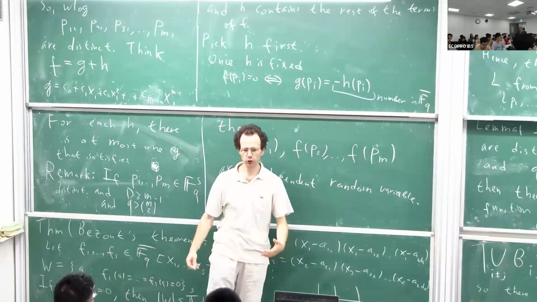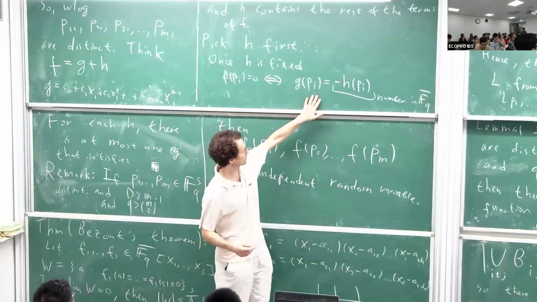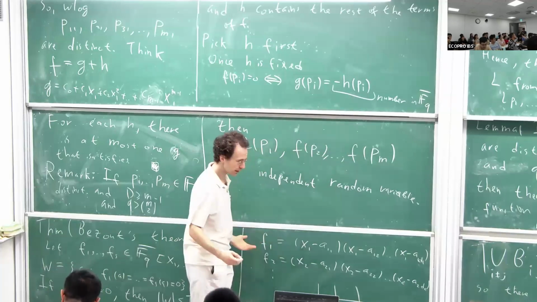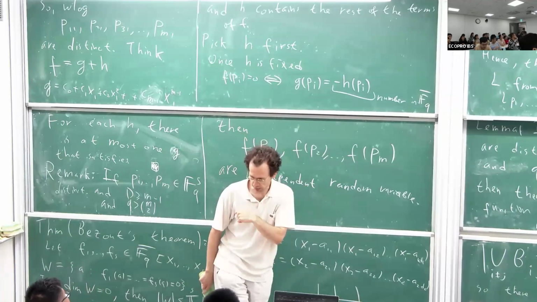You're asking how do you prove that there exists exactly one solution to this system? This is one way to think about it.